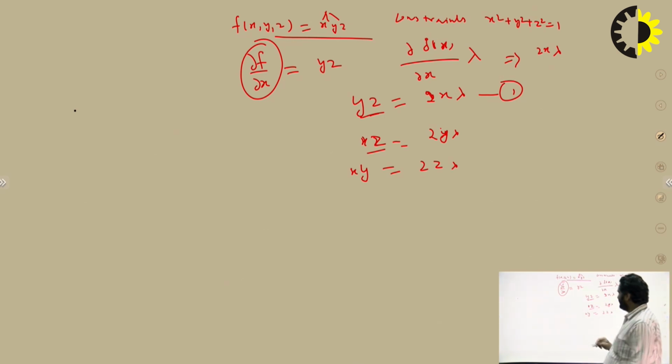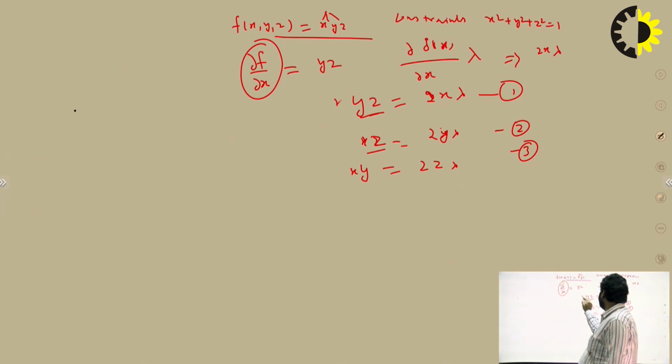So these are 3 equations. We have 3 different equations, and we need to find the values of x, y, and z. So on equating all, multiplying each one by x, y, z respectively.